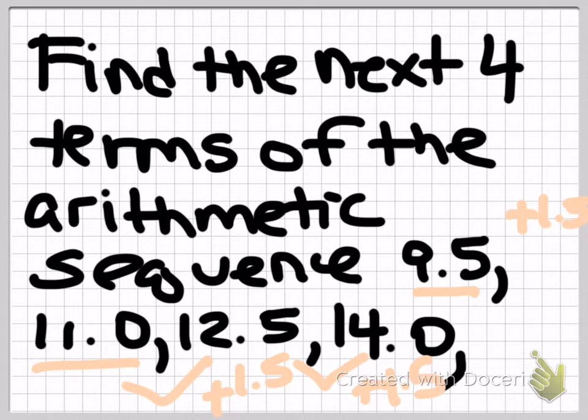So if I need to come up with the next 4 terms, I'm going to just keep adding 1.5 and list the next 4 terms, which are going to be 14 plus 1.5, or 15.5, and then 15.5 plus 1.5, that's going to be 17.